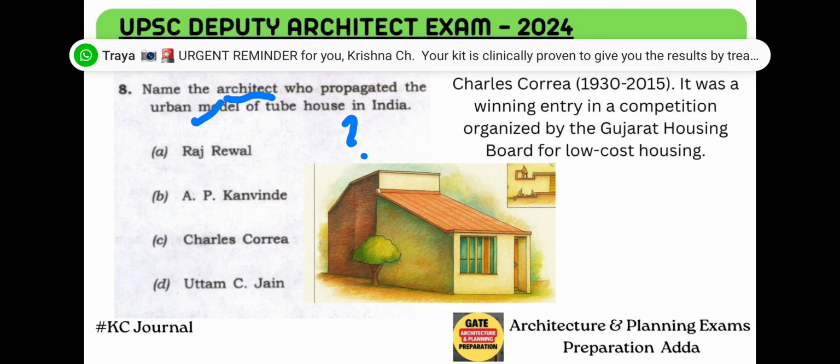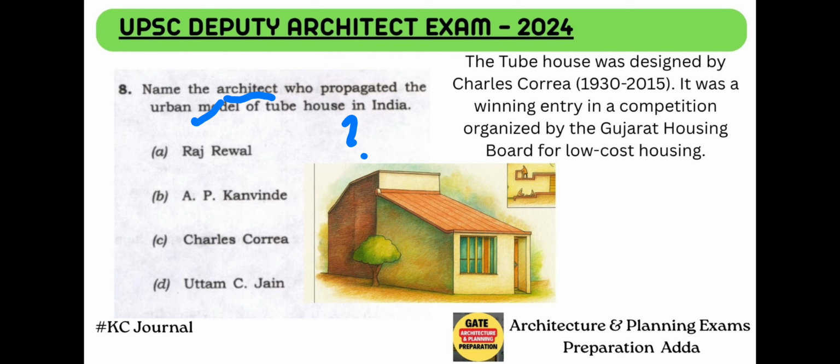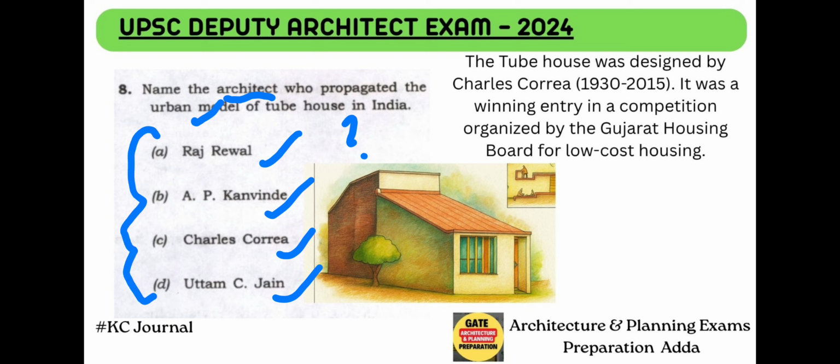So is it by Raj Rewal, A.P. Kanvinde, Charles Correa, or Uttam Jain? Four of them are most notable architects of Indian architecture.